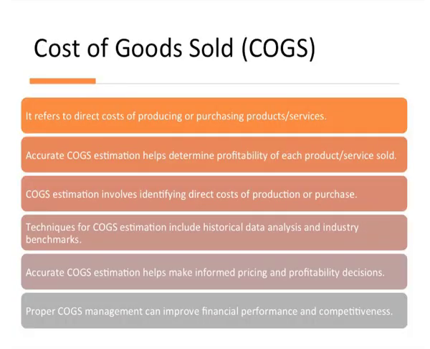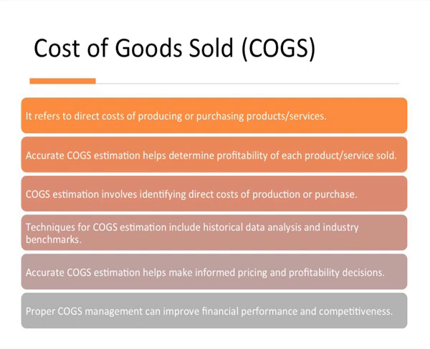Moving ahead, cost of goods sold refers to the direct cost associated with producing or purchasing the products that a business sells. It includes the cost of producing or purchasing hotel rooms, tour packages, transportation, or other products or services that the business offers. Estimating cost of goods sold is important for any business, as it helps to determine the profitability of each product or service sold.